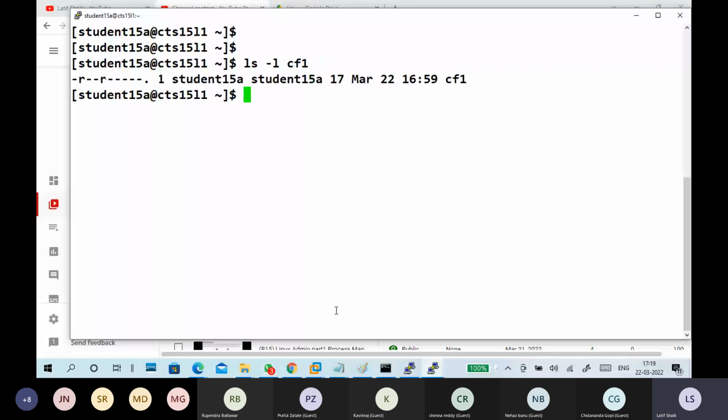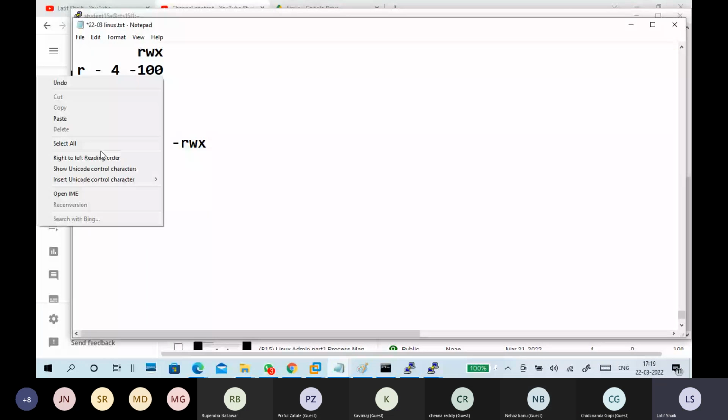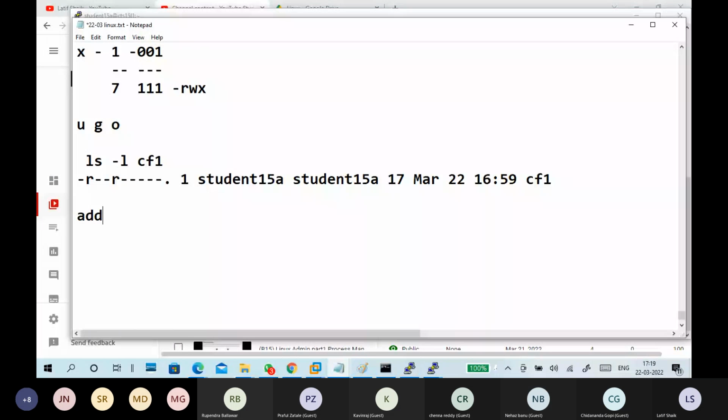It currently contains certain permissions. The question is, I'm not adding or removing anything. It is a requirement of a full set of permissions. Permission should be like this. I'm just changing the entire permission.